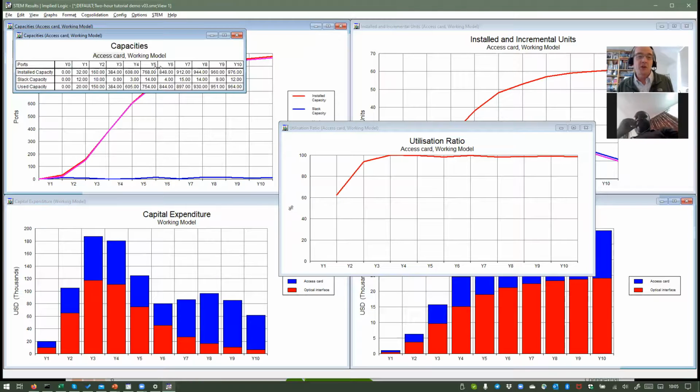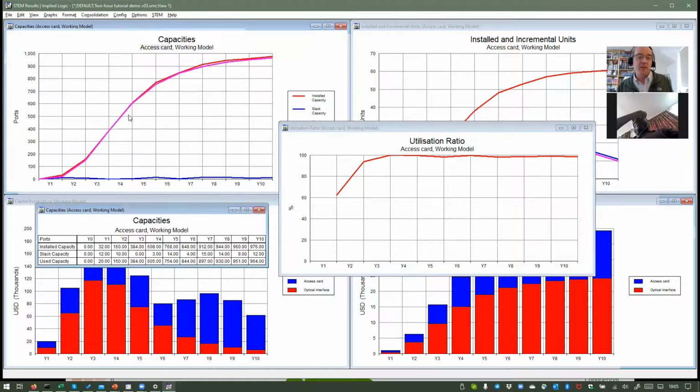So the graph we're looking at here, where the installation really tightly hugs the requirement, is because STEM doesn't know there are supposed to be 25 of them. It's literally saying, how many customers have you got? It's dividing by 16 and rounding up to the next whole number. It's not doing anything more subtle than that at the moment. And that's why it looks so miraculously good.